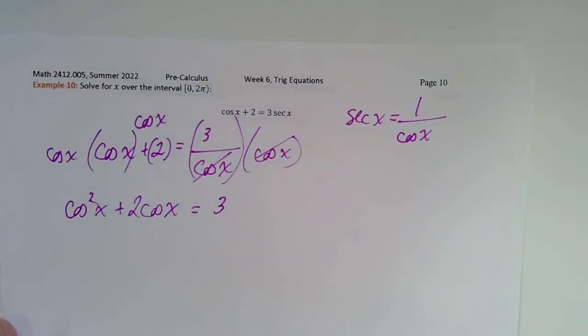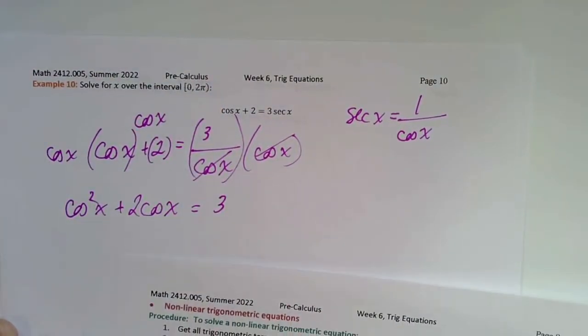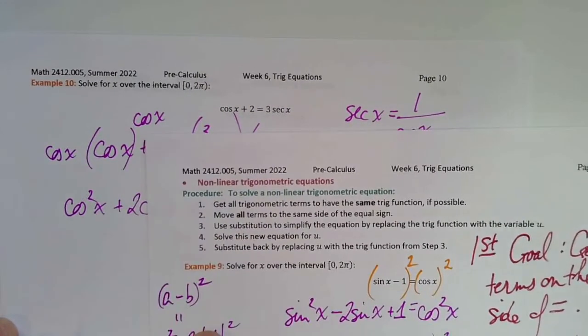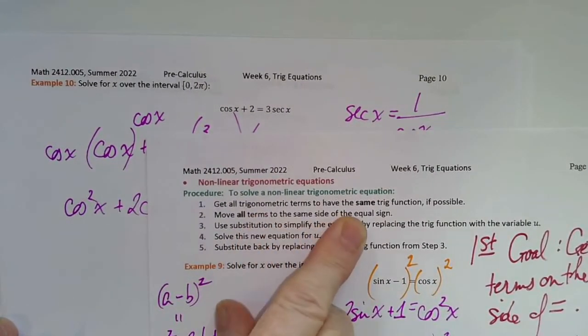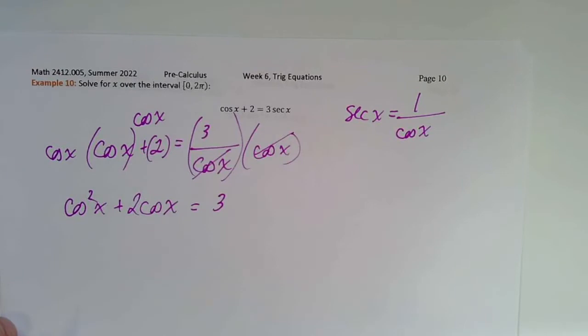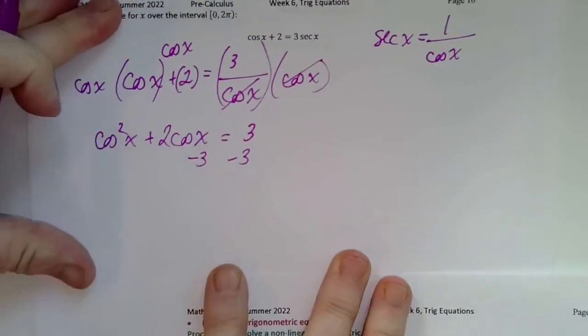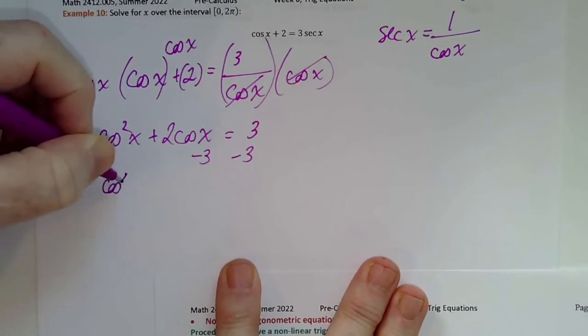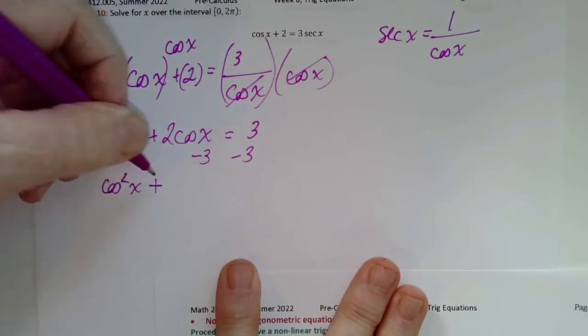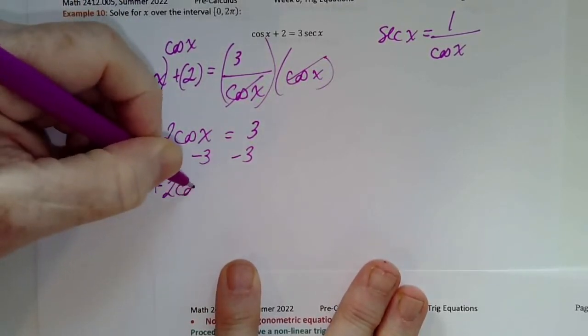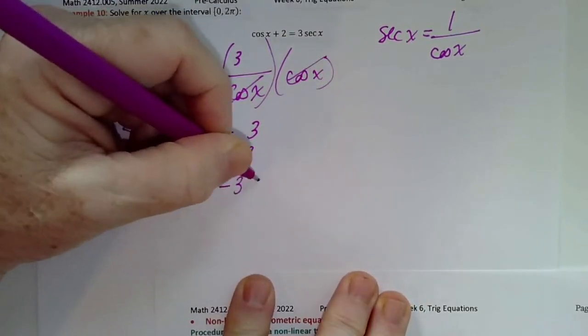And now I can do this next step. I can move all terms to the same side of the equal sign. So I'm going to subtract 3 from both sides. And now we've got cosine squared x plus 2 cosine x minus 3 equals 0.